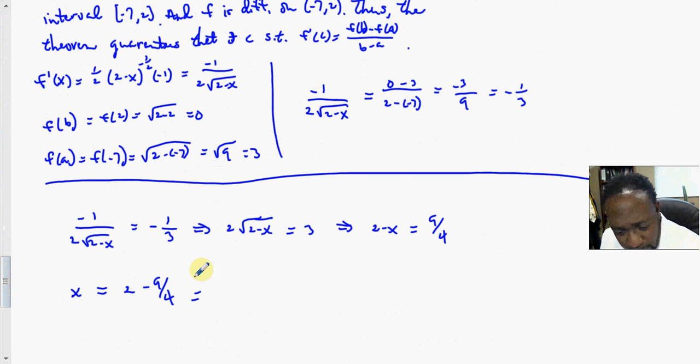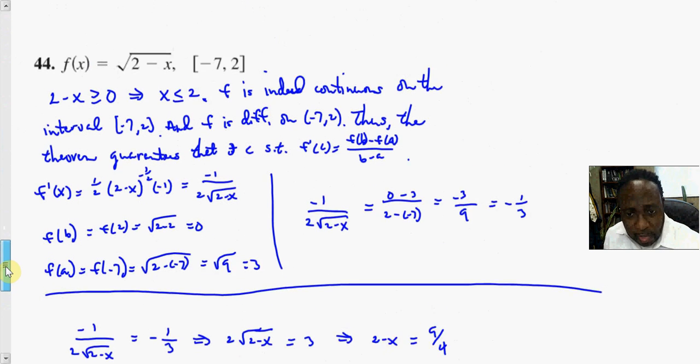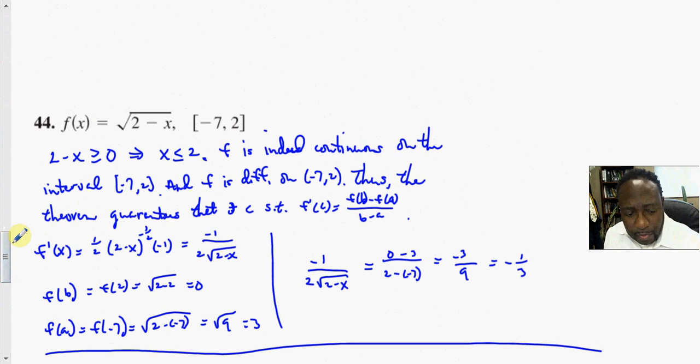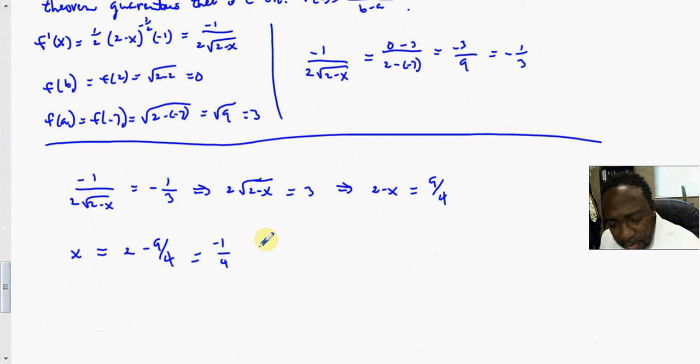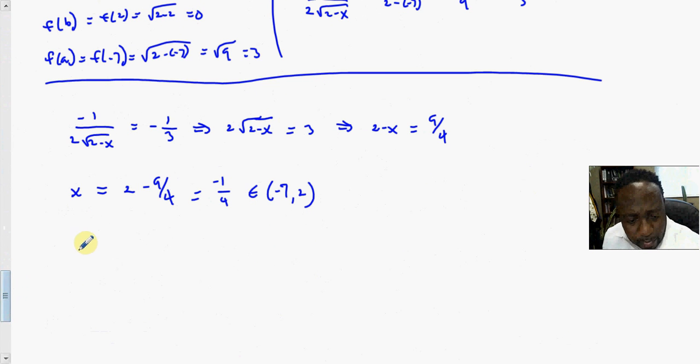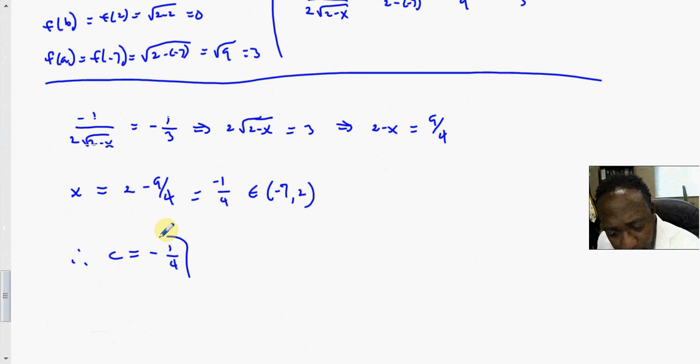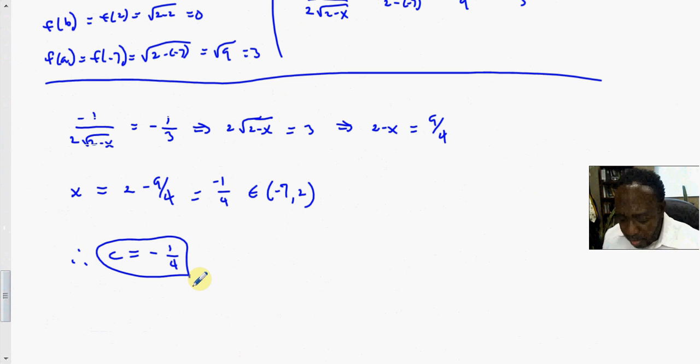So we get 8 minus 9, that's negative 1 over 4. The question now is, is x equal to negative 1 over 4 on the interval from negative 7 to 2? And indeed it is. It is on the open interval from negative 7 to 2. So we conclude that c is equal to negative 1 over 4. That is what the mean value theorem guarantees here.